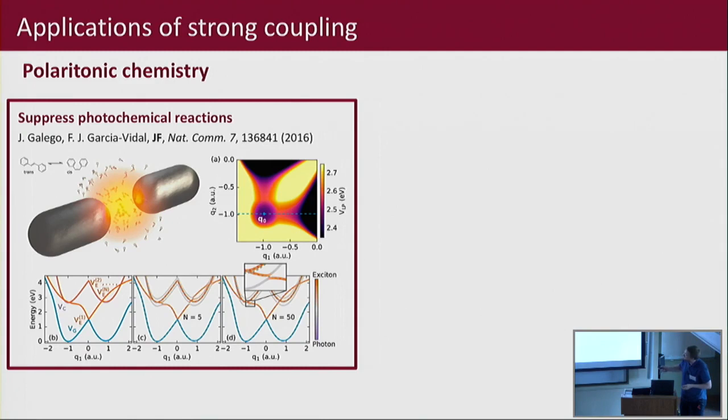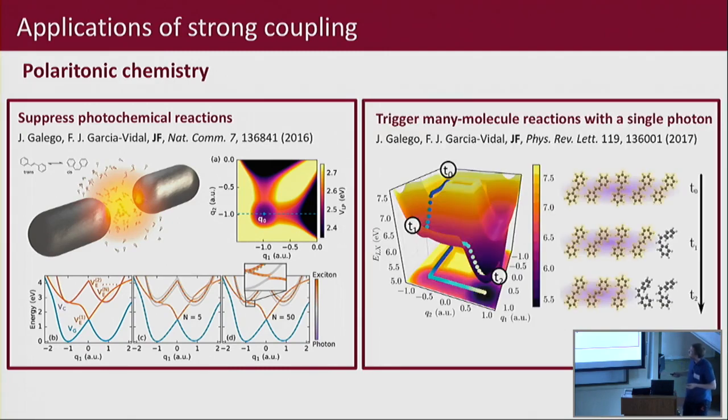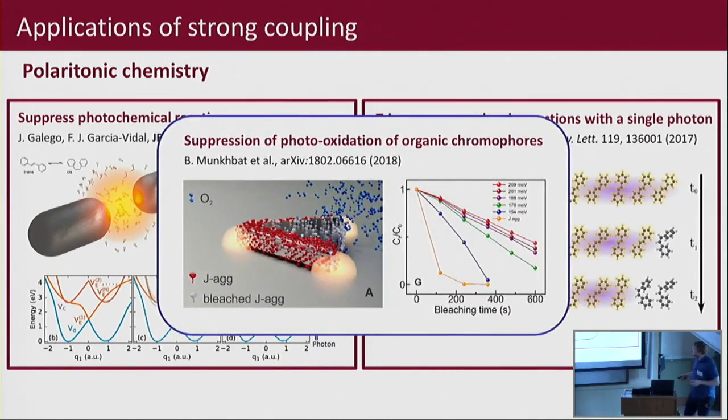But we've shown that you can, for example, really suppress photochemical reactions very strongly. We've shown that you can even make a setup where you use a single photon and you get a chain reaction in all of the molecules to trigger photoisomerization in many molecules at the same time. And I don't want to go into detail because this is supposed to be about computation, but I think these are very interesting applications.